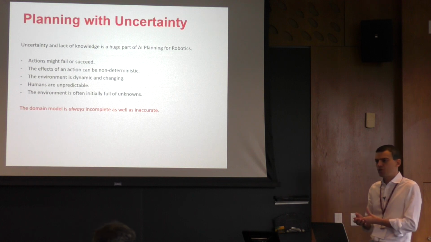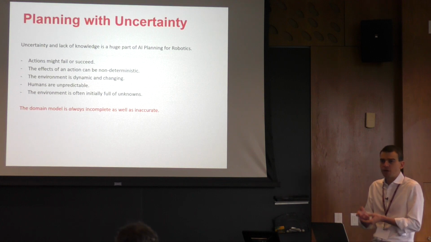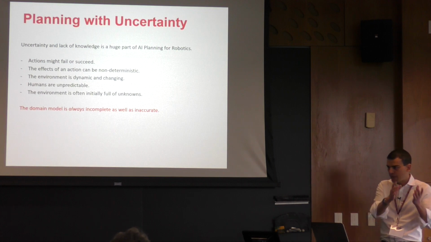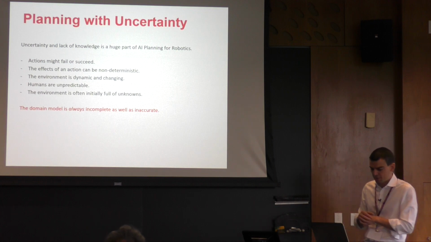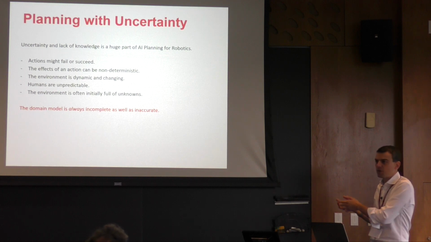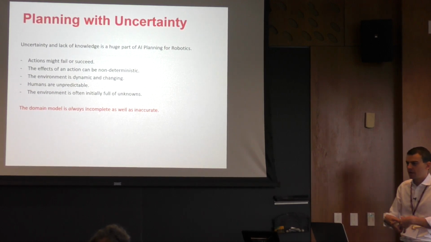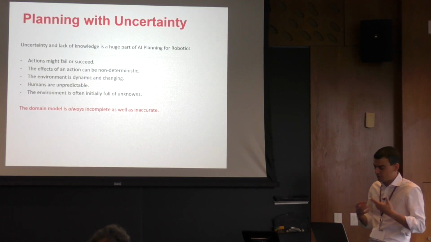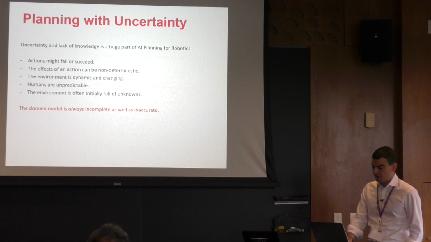The effects of an action are not always deterministic, meaning you can have nondeterminism. You don't know whether the outcome of the action will be A or B, but you can model that. Of course, the environment is dynamic and changing, so think about the AUV domain. There are currents, there is visibility that changes, so you need to handle this kind of very dynamic environment.